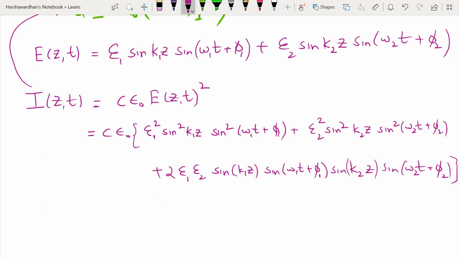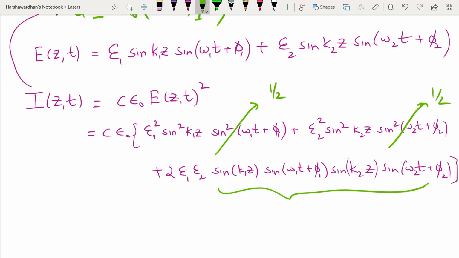Now, if I'm looking at intensity, I need to average over a few periods, right? So that averaging process will lead to the following, that my sine square omega t will give me a factor of half. This will again give me a factor of half. And then I will simply open up this product carefully and see what I get.